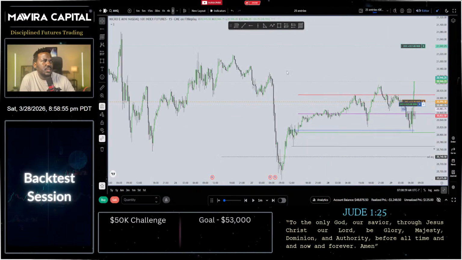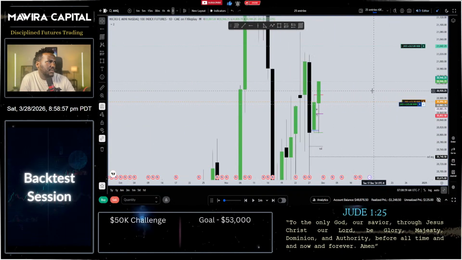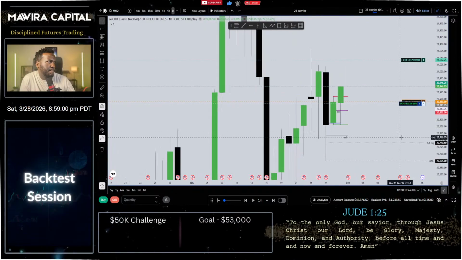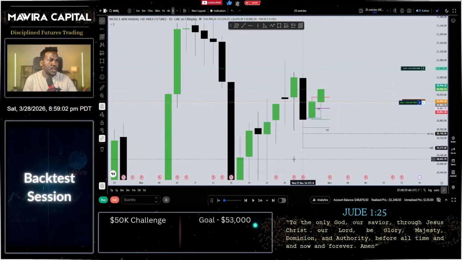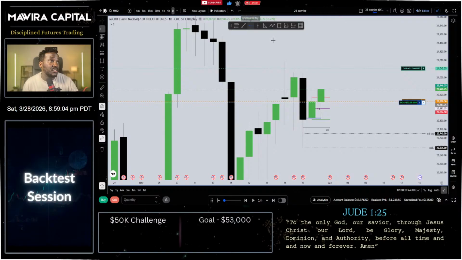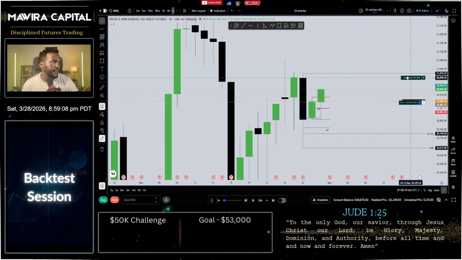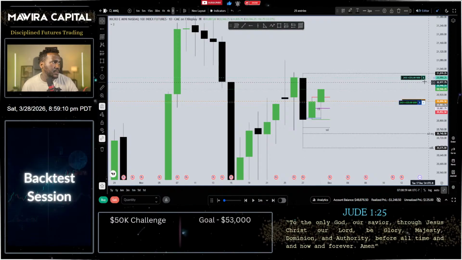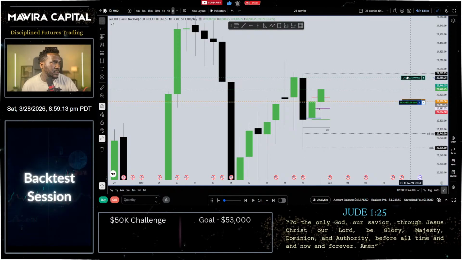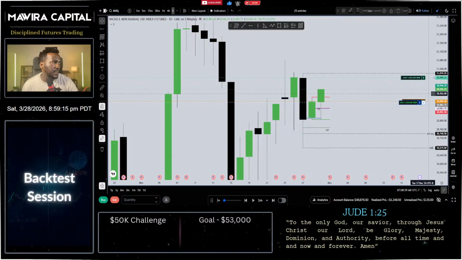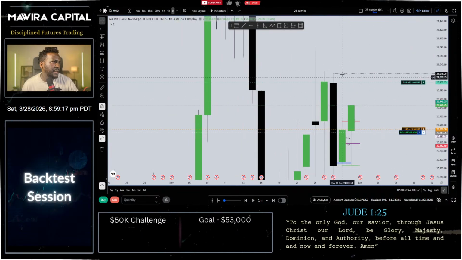I'm just curious to see where this might want to go. Okay, this could be a viable target for the last. I'm going to put it at the open price of this candle right there.